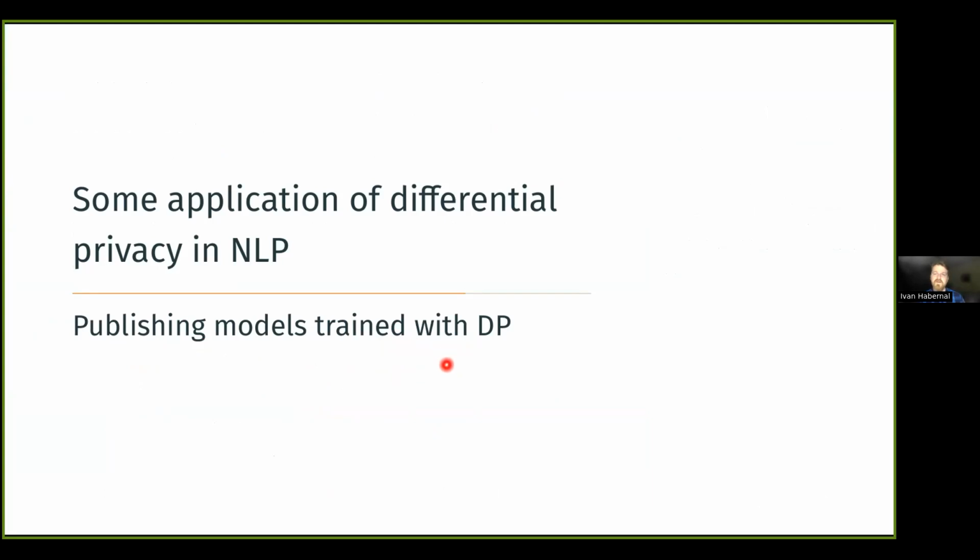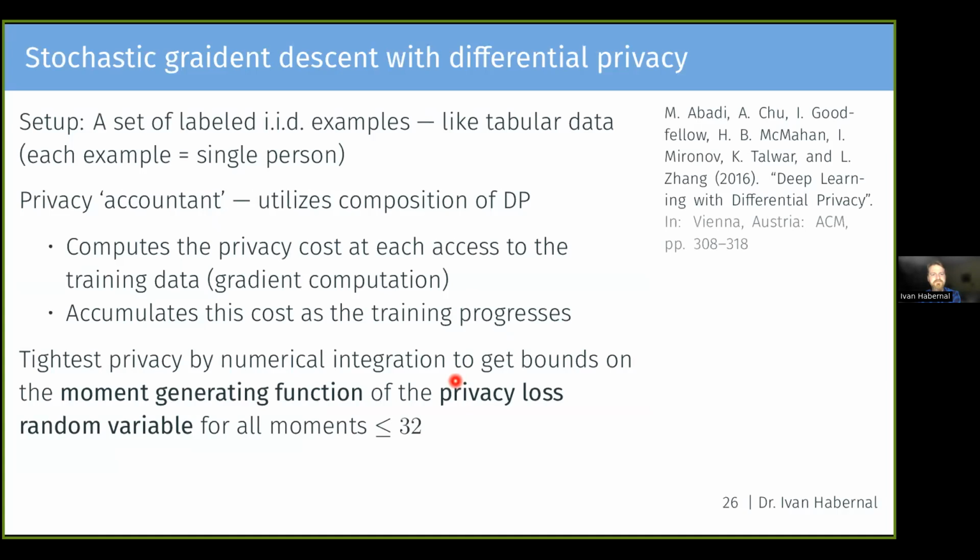Imagine you're training a model, for example fine-tuning, on some sensitive data set, and you want to publish that. It's possible, not easy, but possible, to extract training data from the models. There are very cool research papers on that. So we want to prevent that and use differential privacy instead.